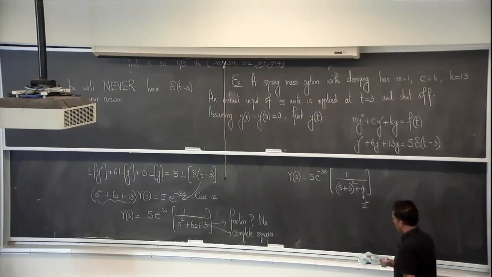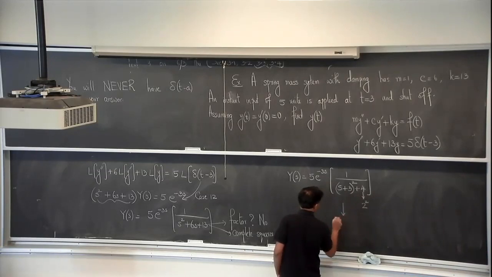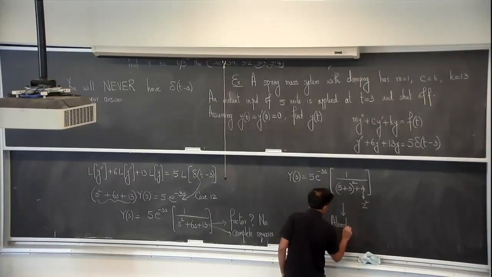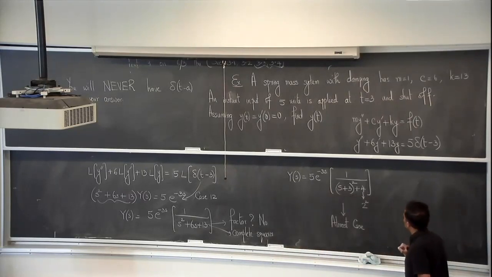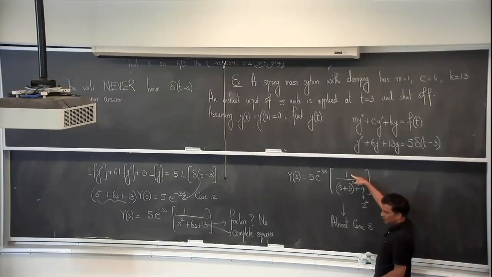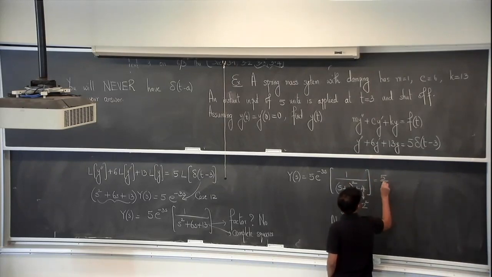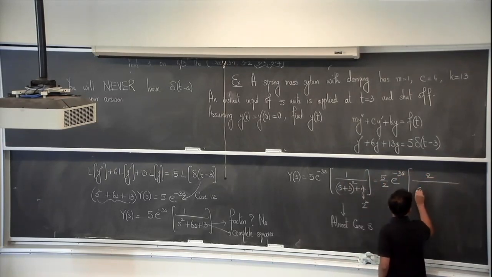So to match with one of your Laplace table cases, I think case number 8 or something, I forgot. So this is almost case number, could be wrong, it's been a while now. Almost. So 8. You need a 2 up there to make it case number 8. Okay. It should have looked like k over (s minus a) whole squared plus k squared. That 2 is missing, so you can do 5/2 e to the power of negative 3s times 2 over (s plus 3) whole squared plus 2 squared.